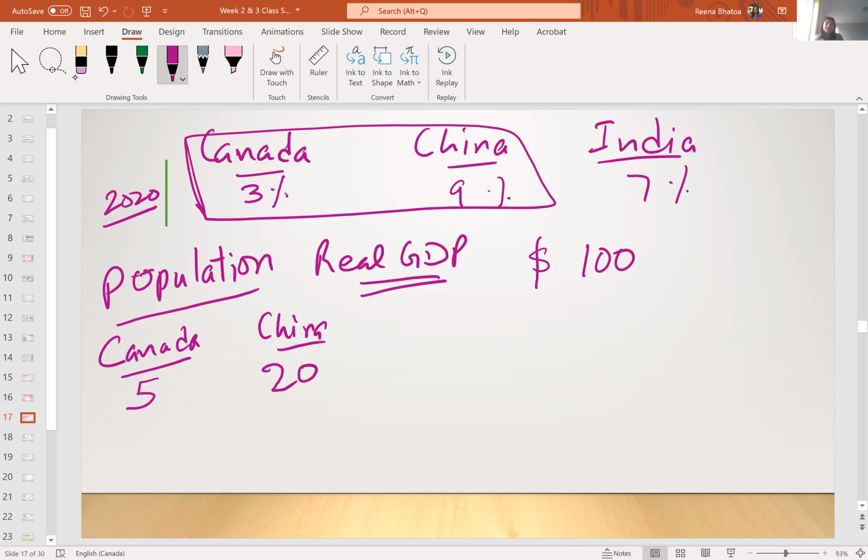Can you divide this real GDP in Canada and in China among the people? So how much will be real GDP in Canada? It's called real GDP per person. What would we do? How much of real GDP each person will enjoy in Canada?